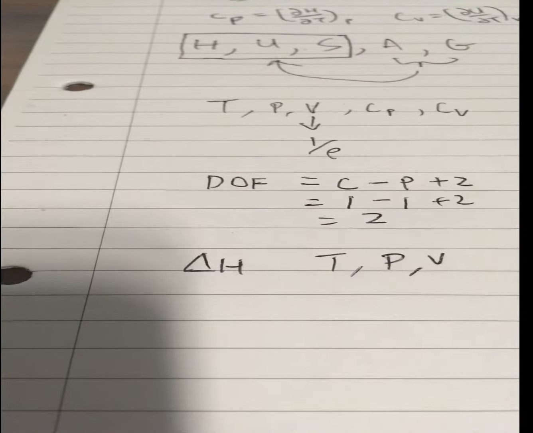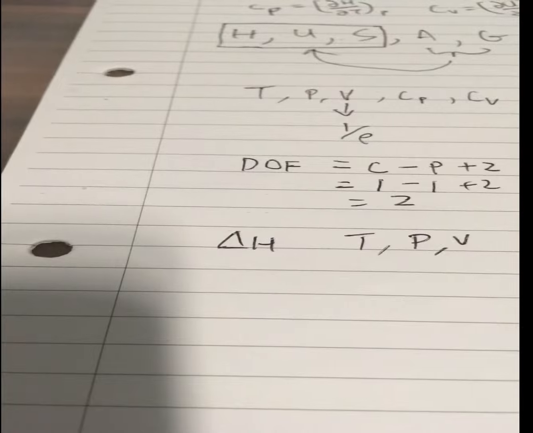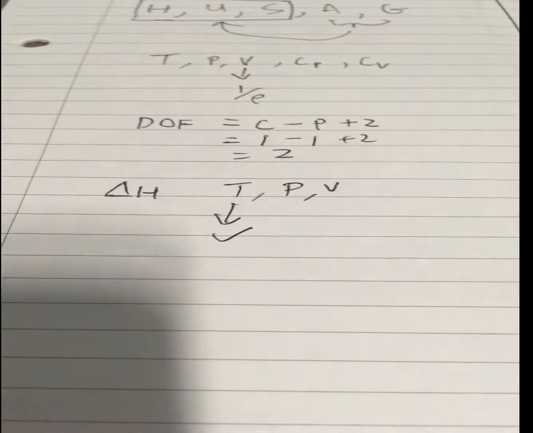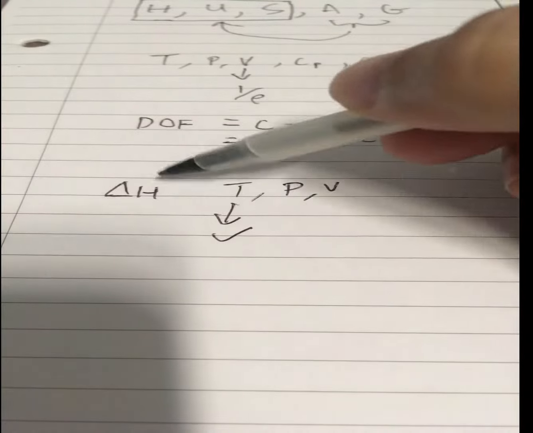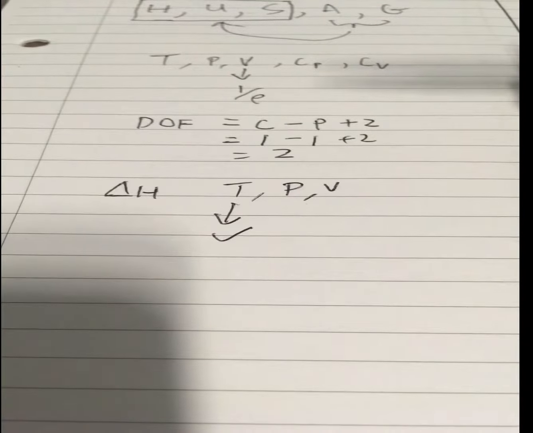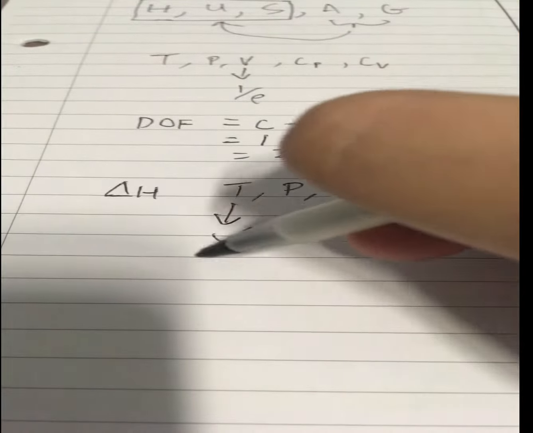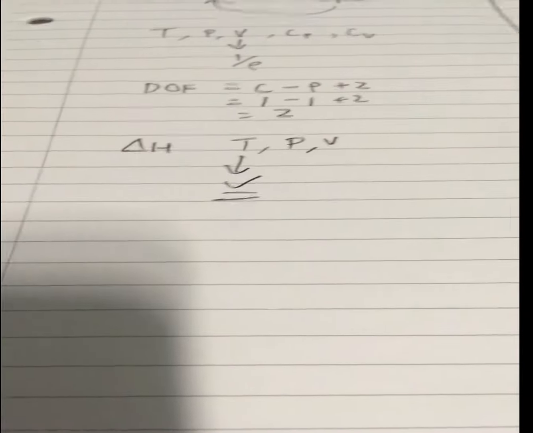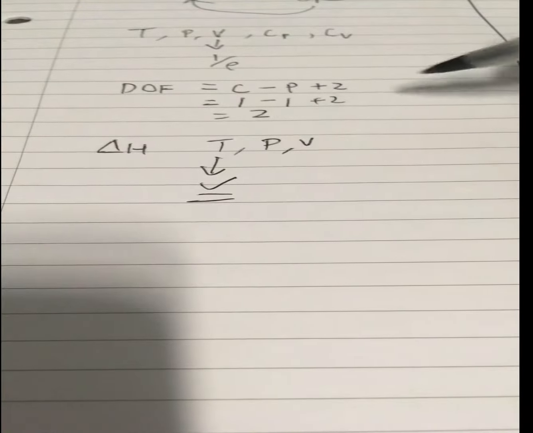So as a first move, what you can pick is temperature, right? Because enthalpy change is an energy change, and obviously energy has to do something with temperature. So you always take temperature first. So what is the second thing you should specify? The pressure or the volume?